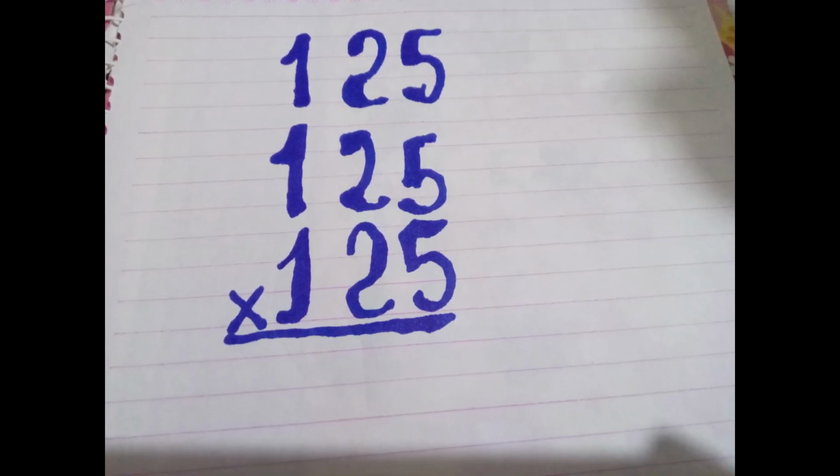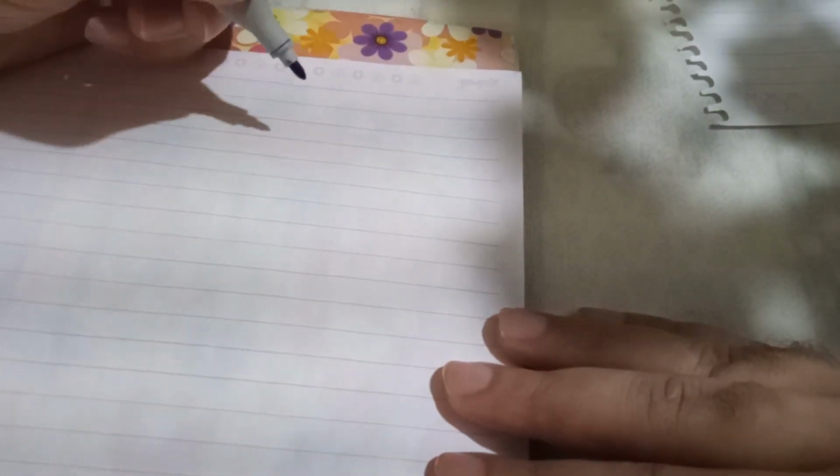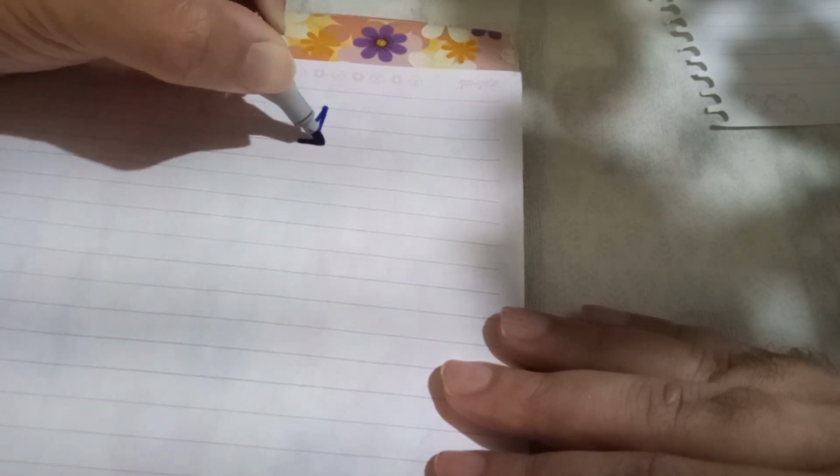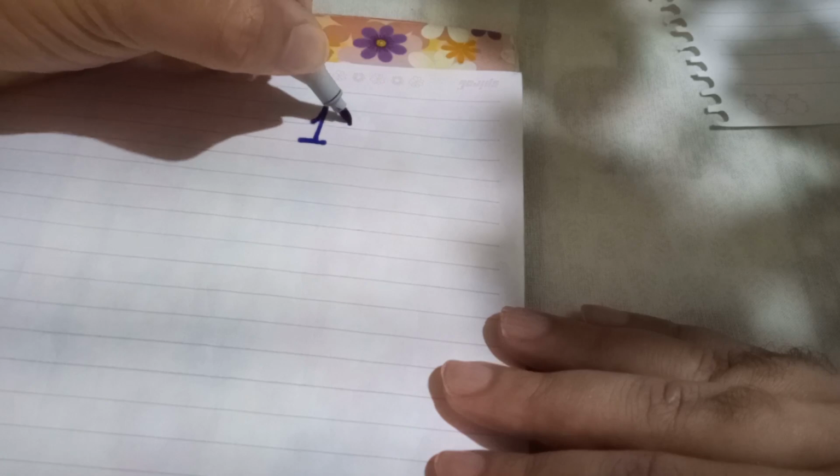Instead, let's perform 125 times 125, and after calculating this product, we take that result and multiply it by 125 again, thus arriving at the final result.